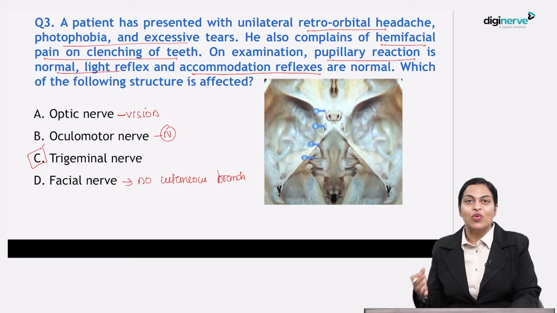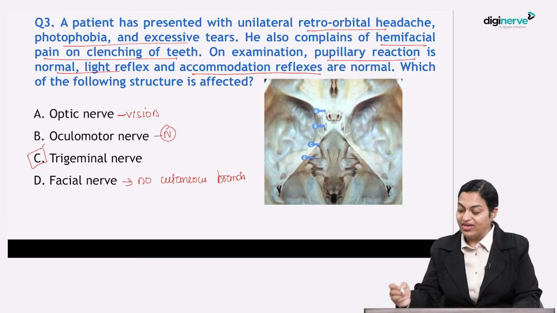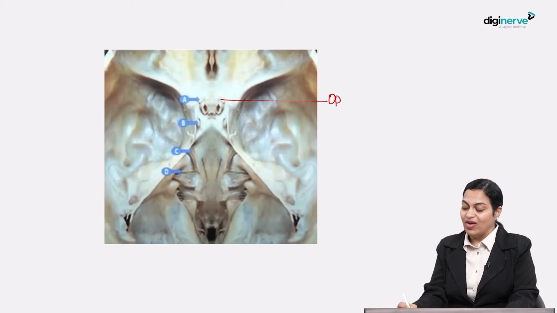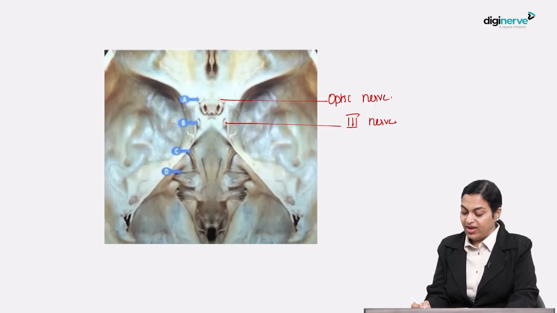But you should be able to identify it in the image, right? Come on, let us identify it. A here is the optic nerve. And this one B here is the third nerve, the oculomotor nerve, right?